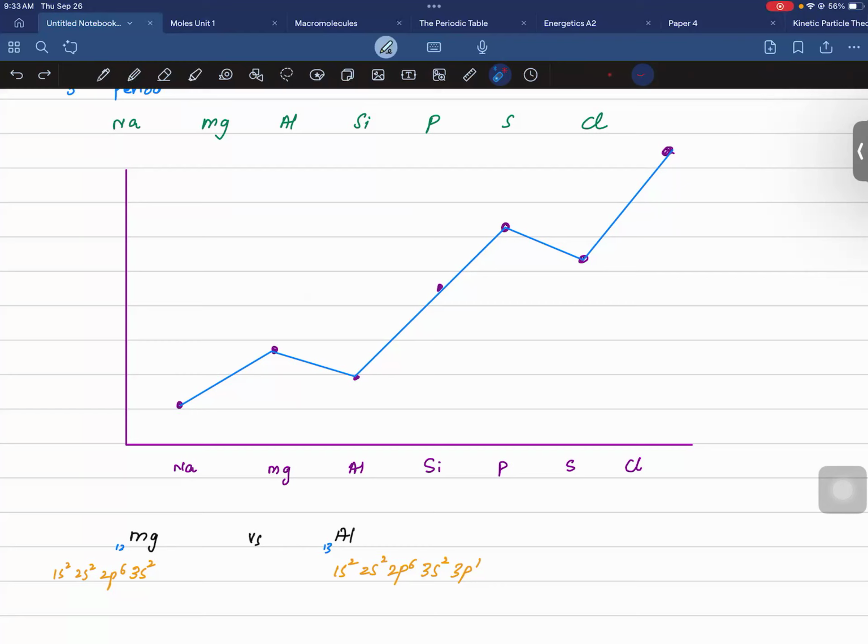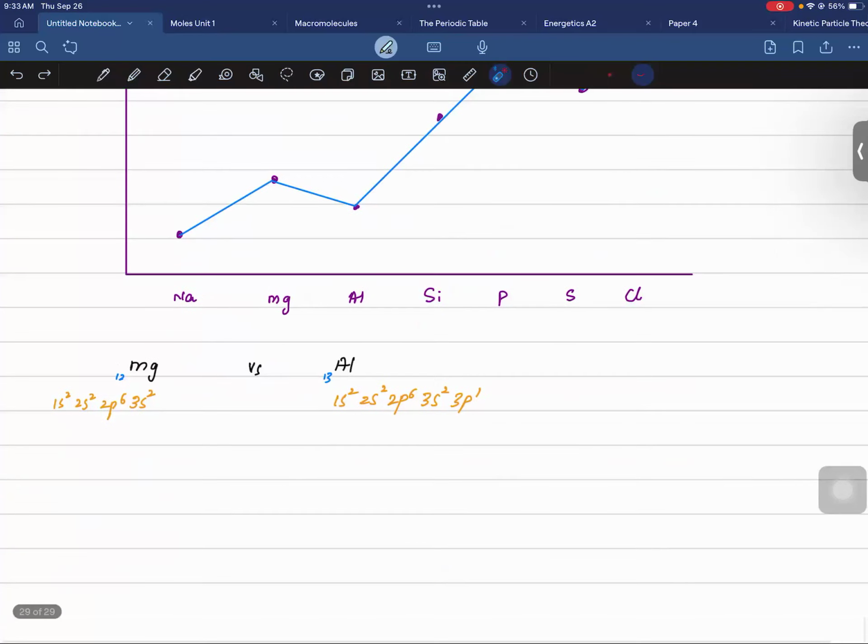So sulfur is actually lower because it doesn't have a half filled or fully filled subshell for the last one, which makes it unstable. So this is why the ionization energy is less than that of phosphorus.